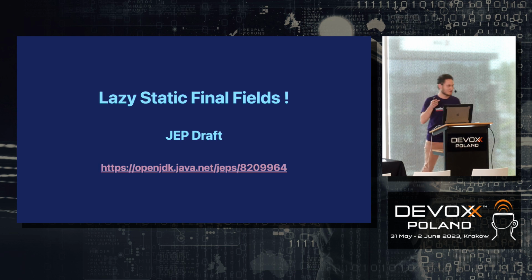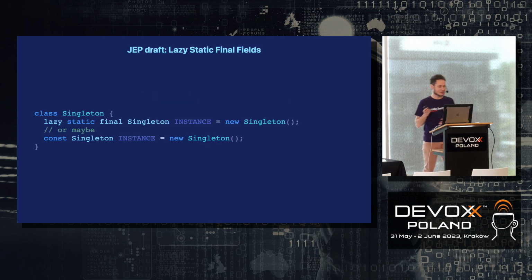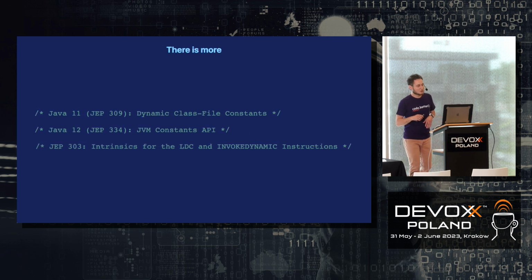And the way to have this in Java is actually lazy static final fields. There is even a draft for this, so maybe we can dream one day this will be implemented. Maybe it will look like this, lazy static final singleton, or maybe const, because eventually this is const, however with some lazy semantics. So, there is even more coming each day.